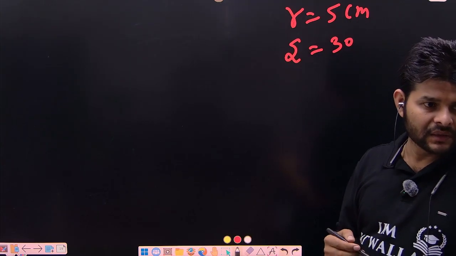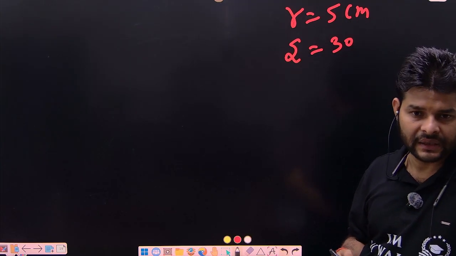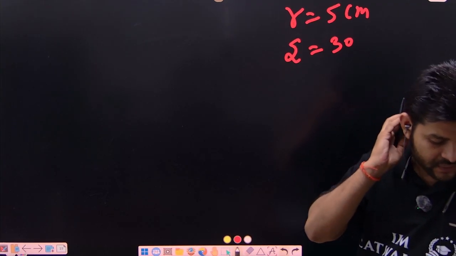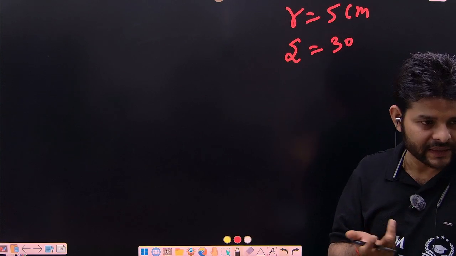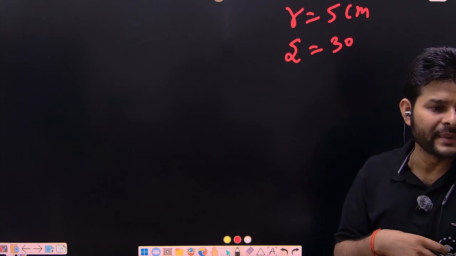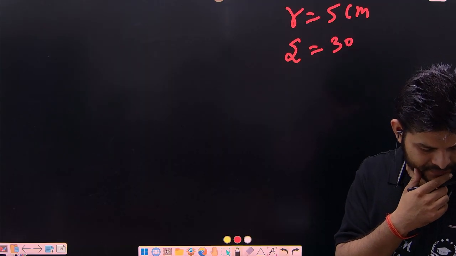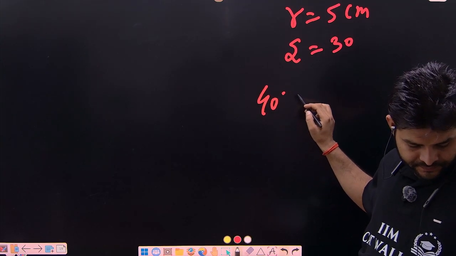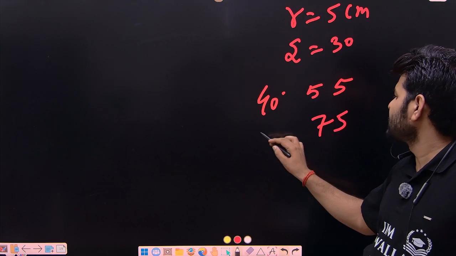You have to find the area of the triangle, basically. So we have been given 40, 55, 75 and 70 as the options.